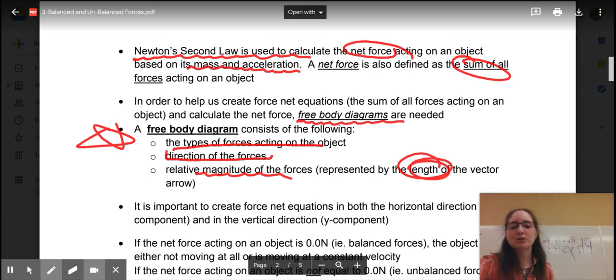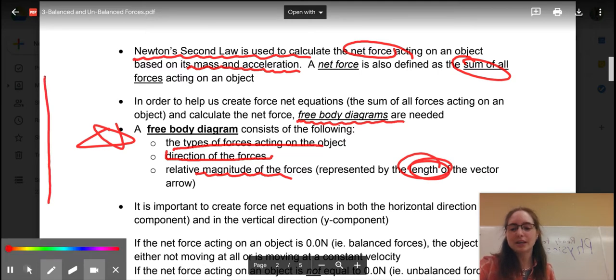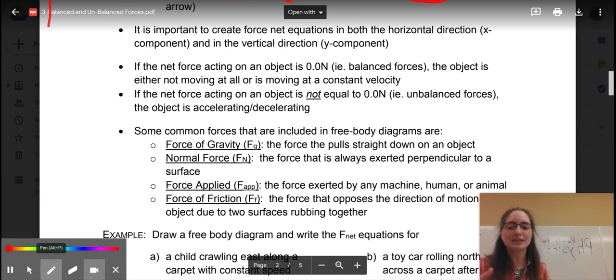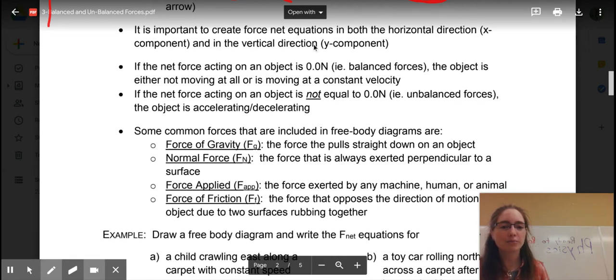Other things we need to keep in mind are our X and Y components, because we are going to have both horizontal forces acting on an object and vertical forces acting on an object. So that is something to keep in mind.